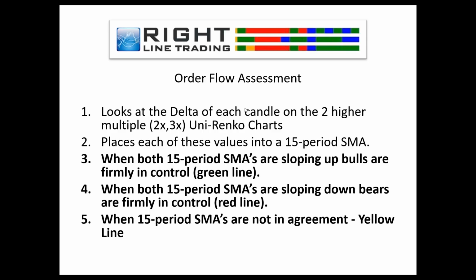They both have to be sloping up, both higher time frames. When both higher time frames are sloping down, the bears are firmly in control of the market. And when the 15-period SMAs are not in agreement and the line is yellow, it defines chop. It's really important to know when your market is chopping. Sometimes it's not so readily apparent.